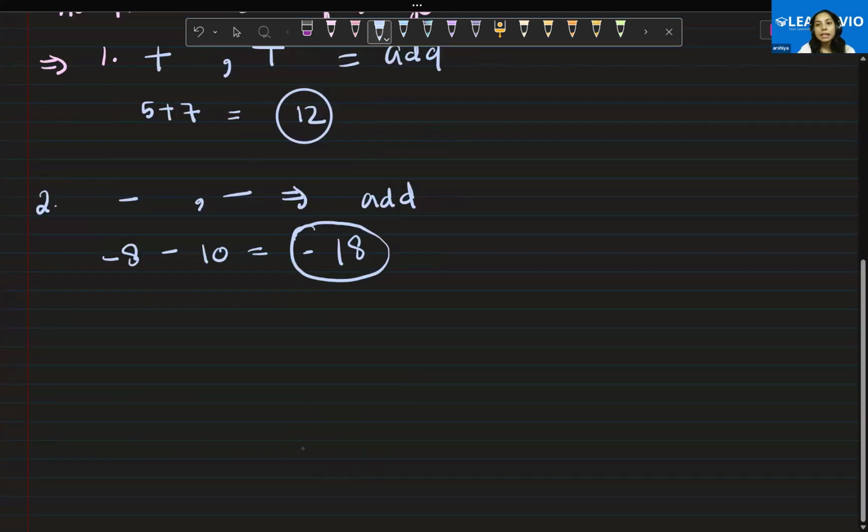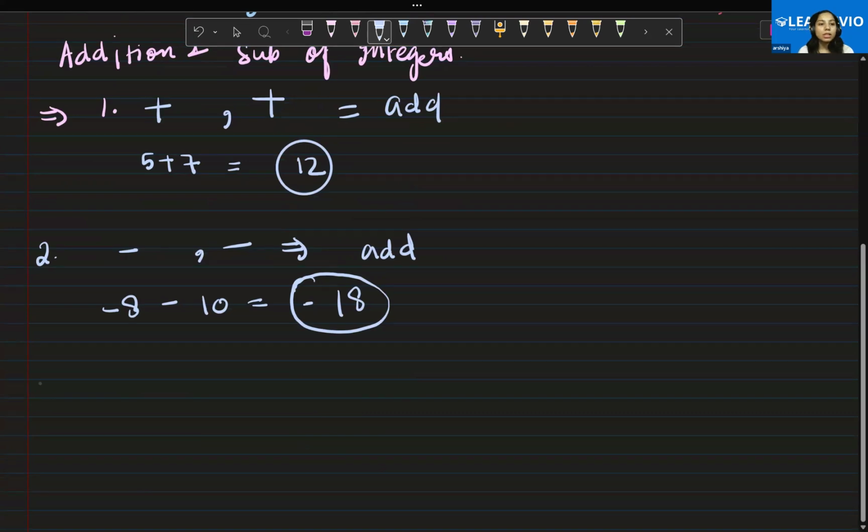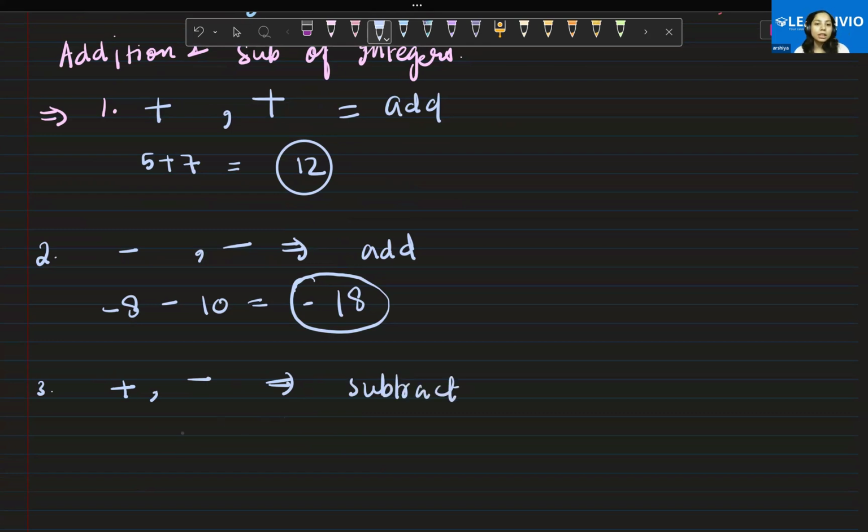Now the third case is when we have one positive and one negative integer. Then we will subtract. When both the signs are opposite, we subtract. Here the final sign of the answer will be negative in one case, and positive in the other.